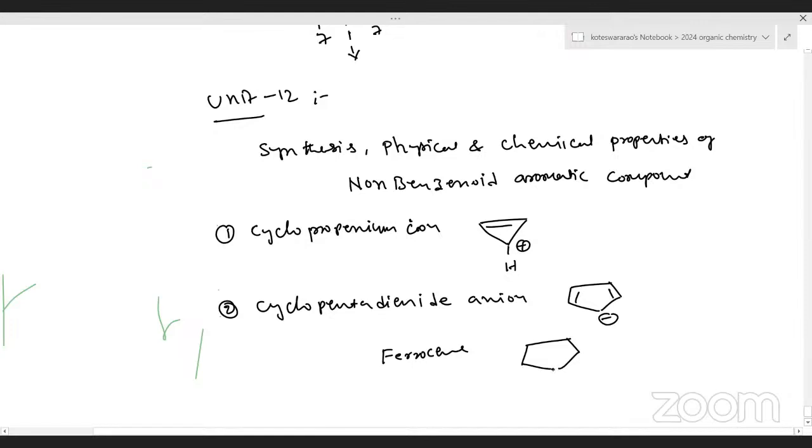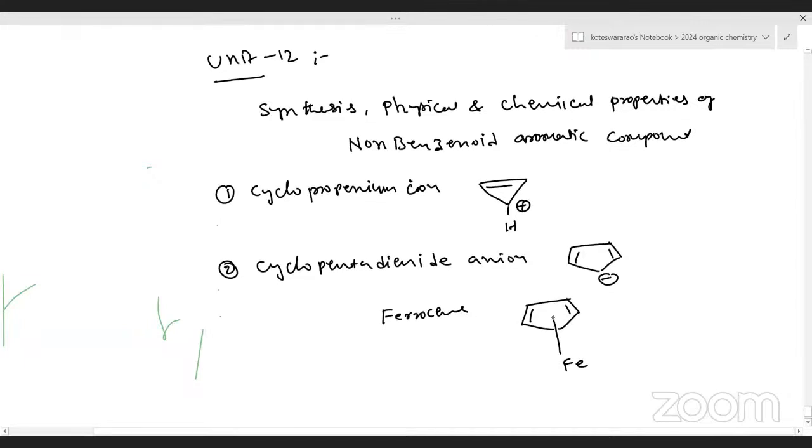One ferrous metal ion is sandwiched between the 2 cyclopentadienyl anions, each with a negative charge. This is the ferrocene complex.